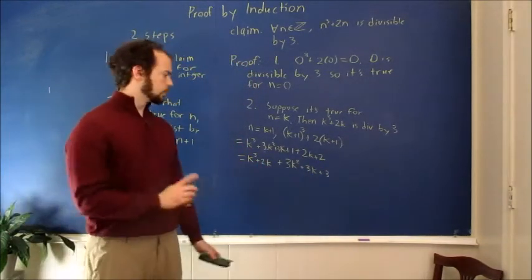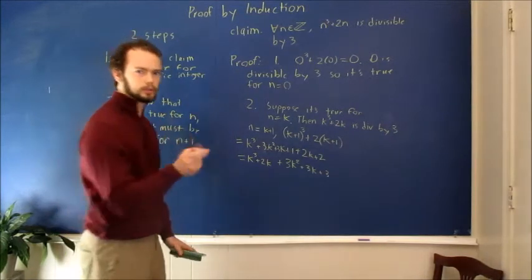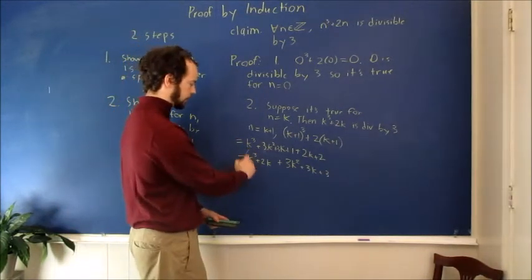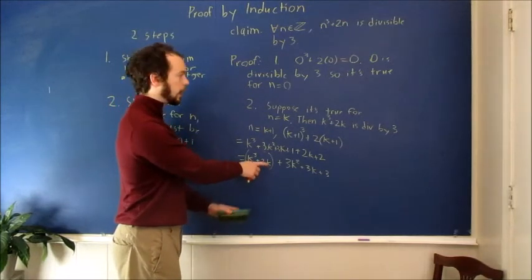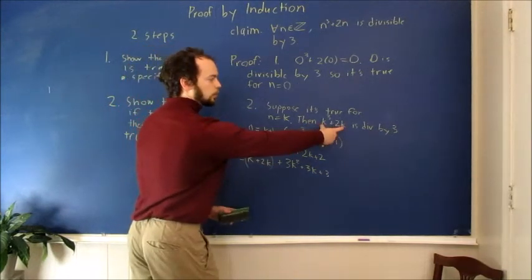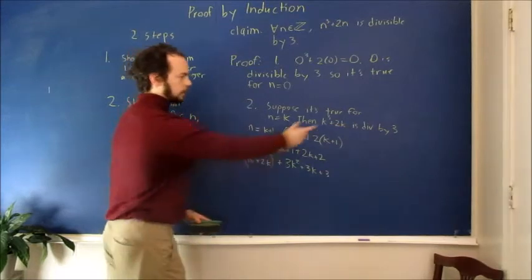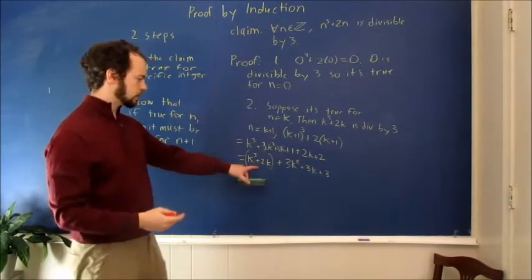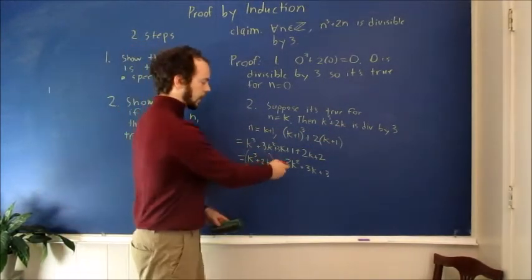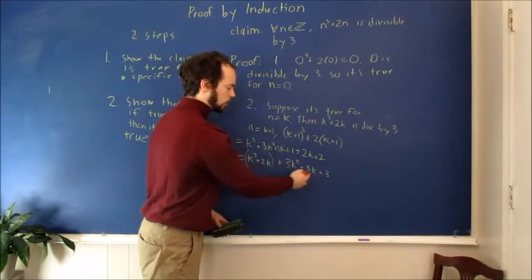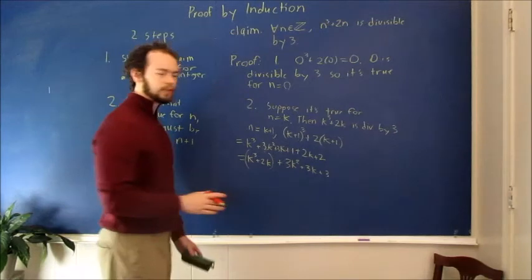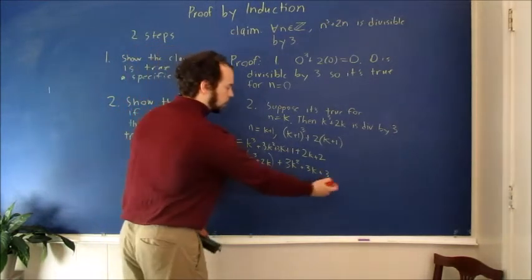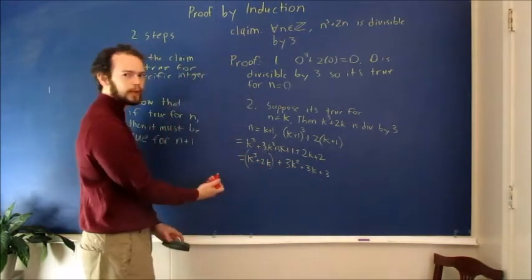Now, look at how this works out. This is divisible by 3 by our assumption. We assumed that this was divisible by 3 up here. So this part is divisible by 3, and these are all obviously divisible by 3 as well. So this whole thing here is divisible by 3.